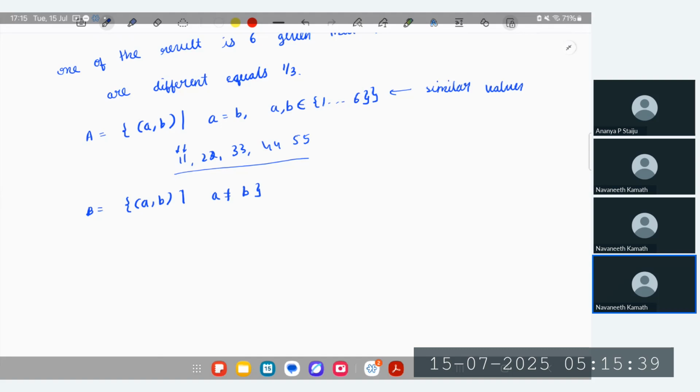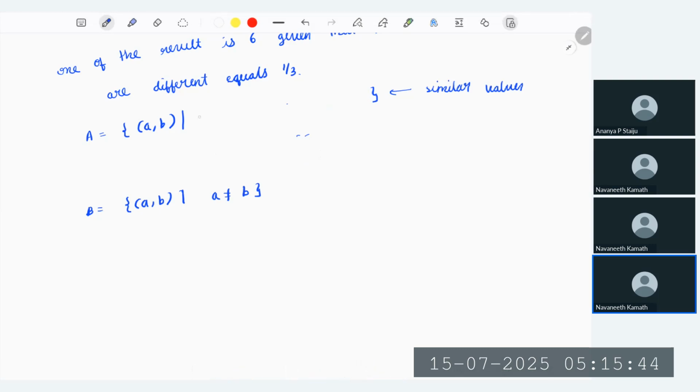So let me change this. This is not required here. I'll just change it to: either A is 6 or B is 6. How many possibilities are there for this? Either of the values is 6, or it can be both.